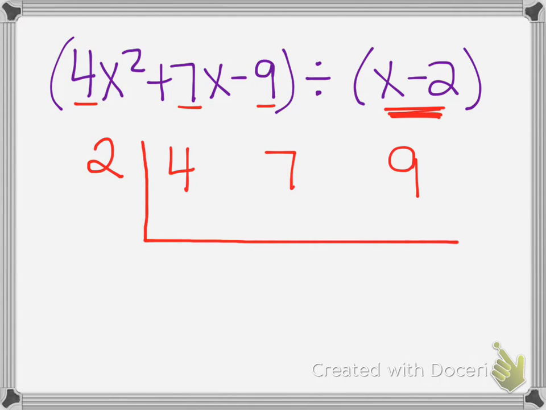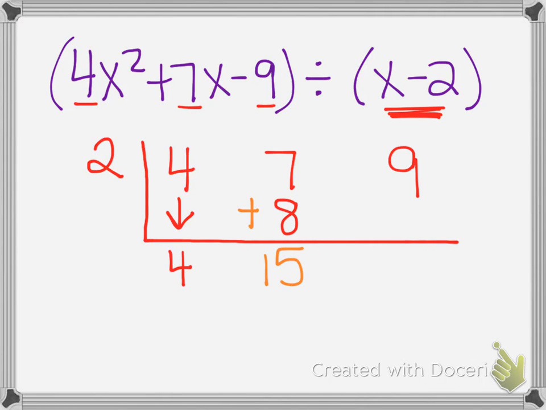So the first step, and it is always the first step, is you drop this 4 down. Then you multiply the outside two numbers. 2 times 4 is 8. Now the big difference is that instead of subtracting, we are adding down. So when we add down, 7 plus 8 is 15.